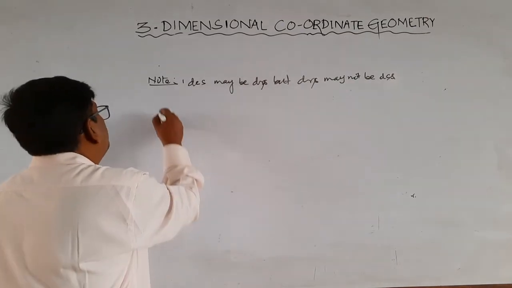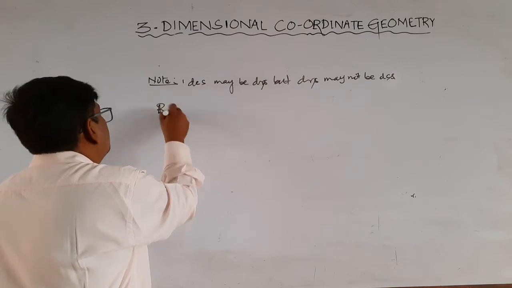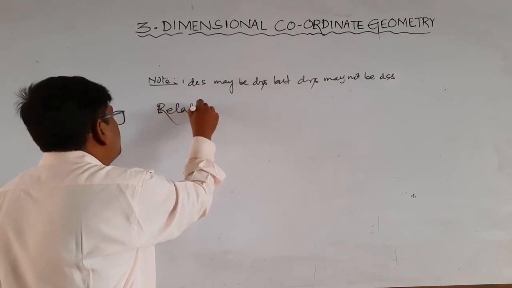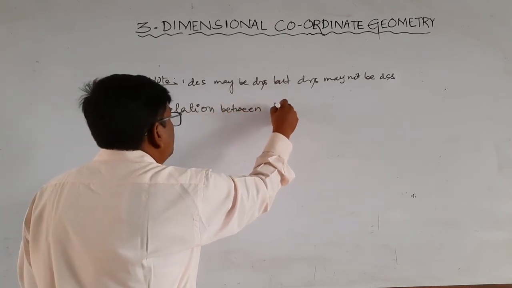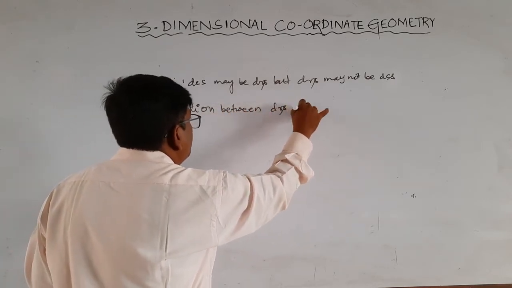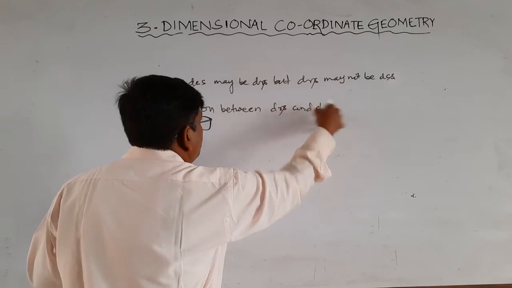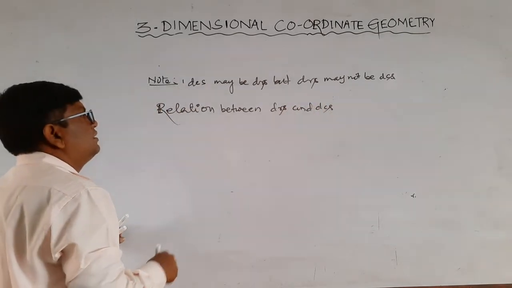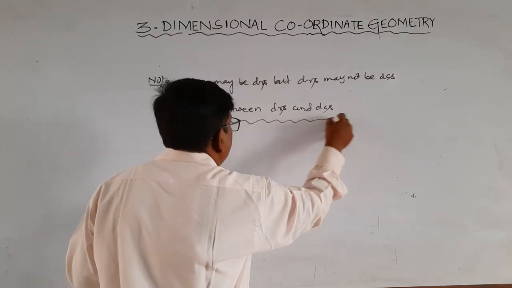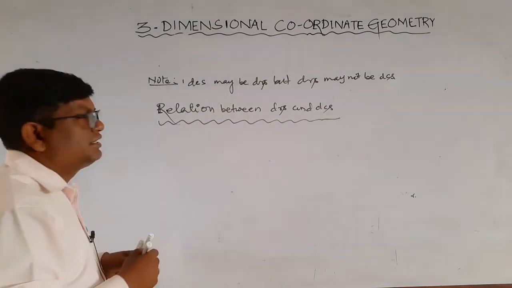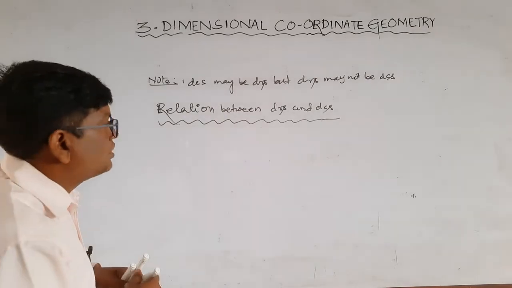Now the relation between DRs and DCs. DRs means direction ratios, DCs means direction cosines.